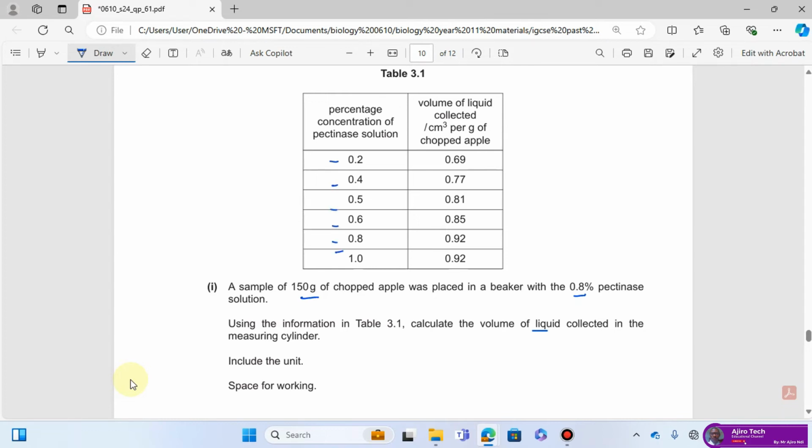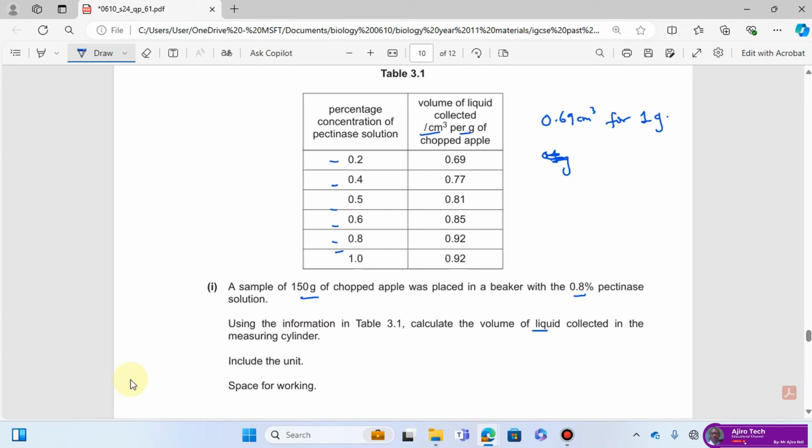This value is per cm cube per gram, meaning that 0.69 cm cube was collected for every 1 gram of chopped apple.